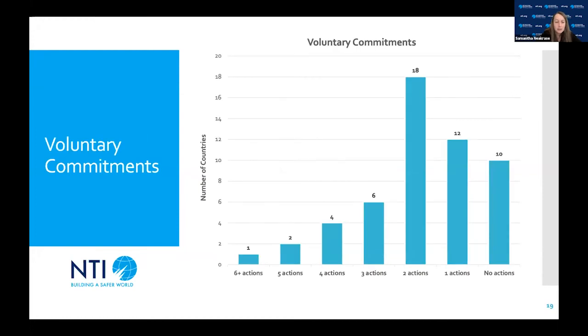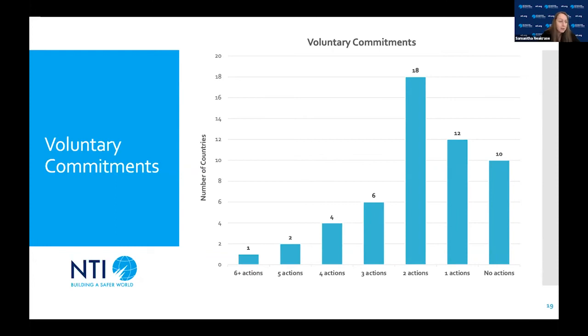Moving to this next set of things that we assess in the index, we call them voluntary commitments. And what they are, are actions to support some of those other instruments that Laura mentioned in her presentation, things like the Global Initiative to Combat Nuclear Terrorism, and certain activities that support or participate in the International Atomic Energy Agency's activities.